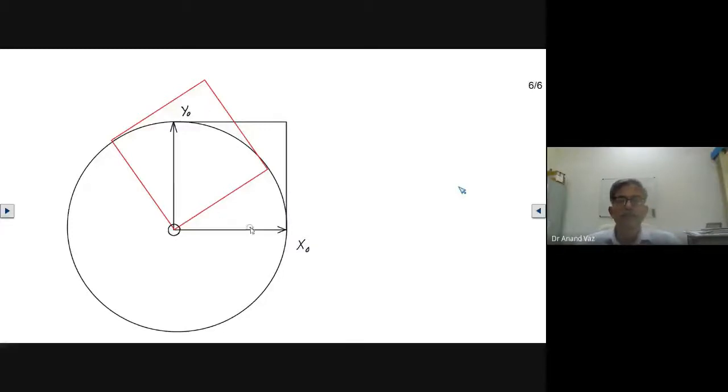We have the unit vector corresponding to the x-axis. Let's say this magnitude is 1 because it's a unit circle. So this vector is I0, and this is J0.